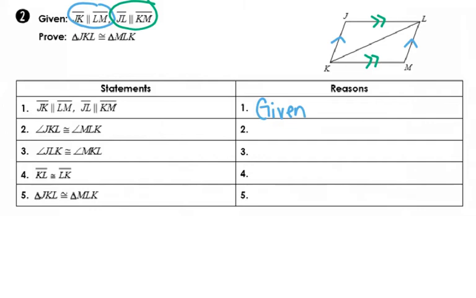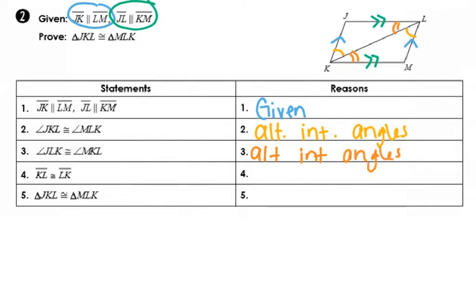Alright, so when you look at JKL right here and MLK, those are alternate interior angles. Okay, and then if you look at JLK and MKL, also alternate interior angles.